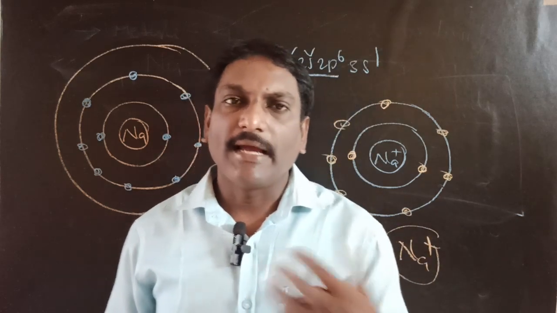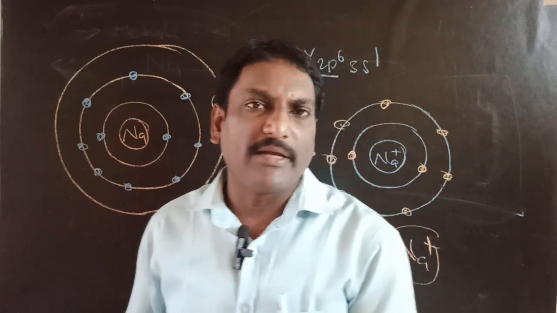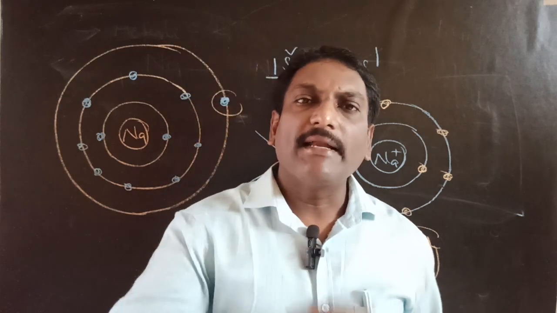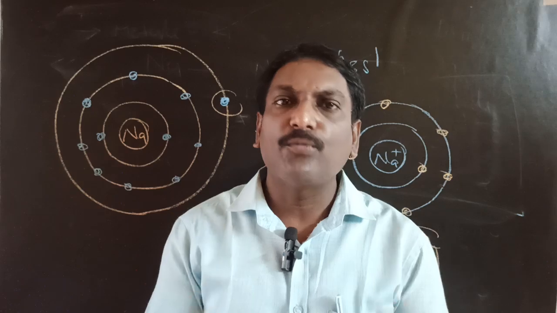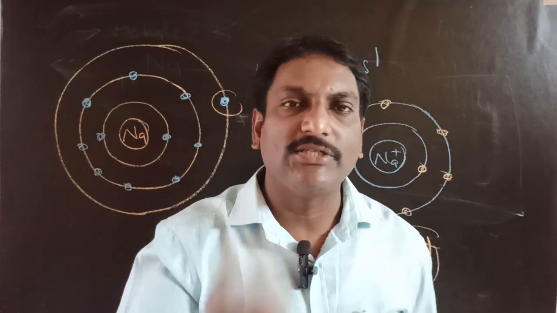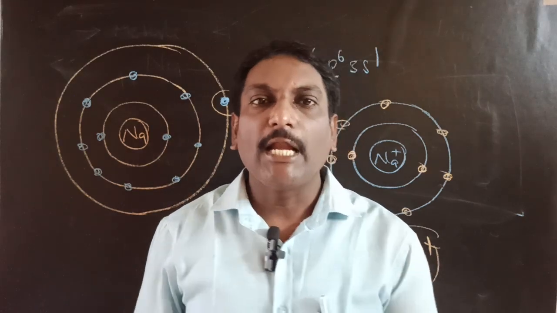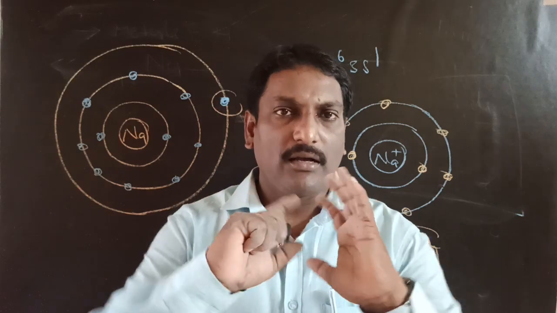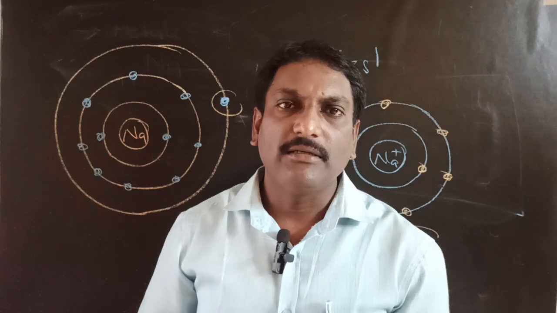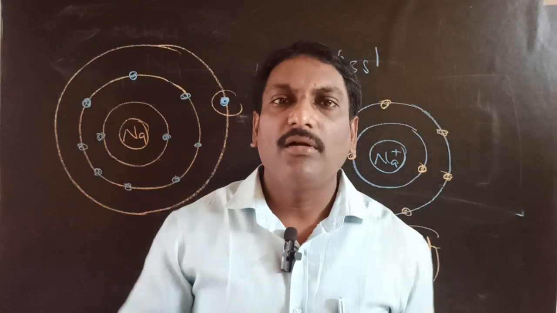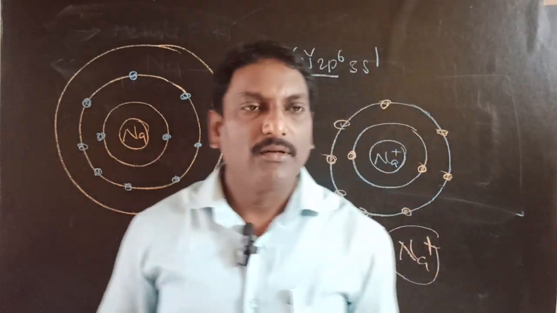Next one, the cation's formation is endothermic in nature, because a cation is formed by loss of an electron. If you want to remove the electron from the outermost shell of an atom, we need to provide energy. We are giving energy, the atom is gaining energy. If a substance or atom absorbs energy, that is called an endothermic process.